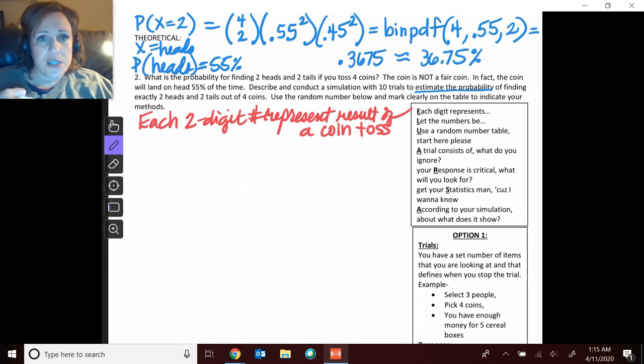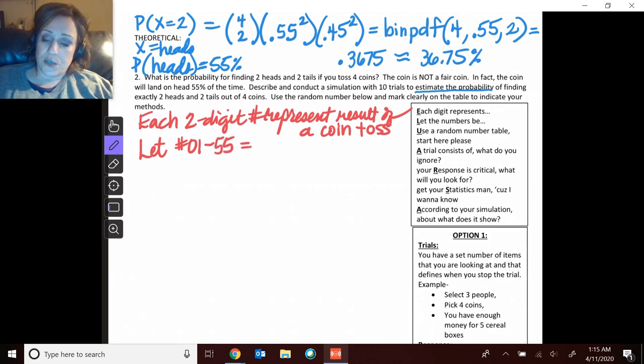All right, each digit represents, let the numbers be. So how are we going to represent that 55%? This is just me, you could do it a little differently, but I usually go 01 to 55. That's going to represent heads.